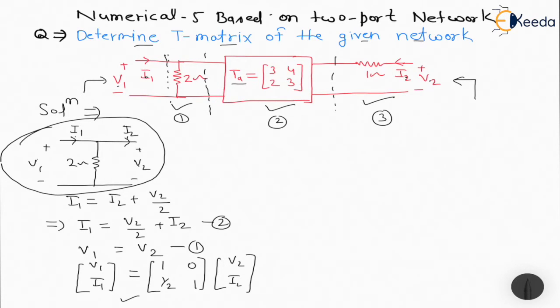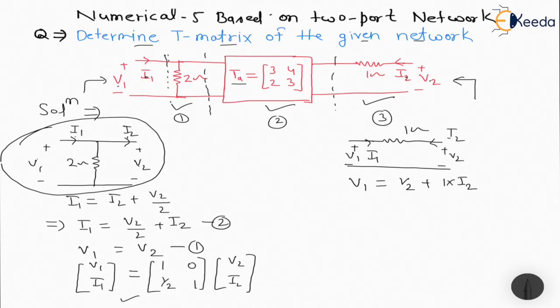Now the second circuit has been given. Now the third one is here. This is 1 ohm. This is plus minus V1, I1. This is plus minus V2, I2. From here we can say that the value of V1 will be equal to V2 plus 1 into I2.